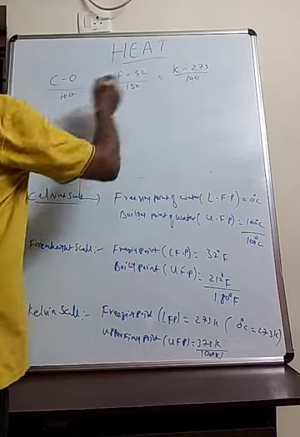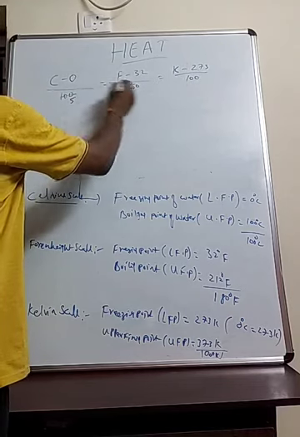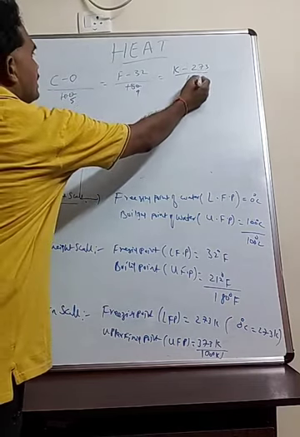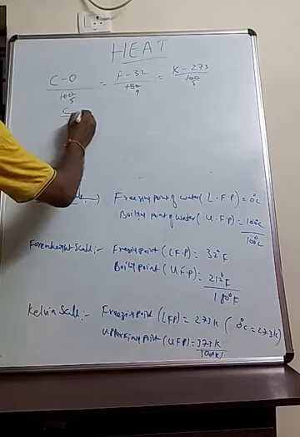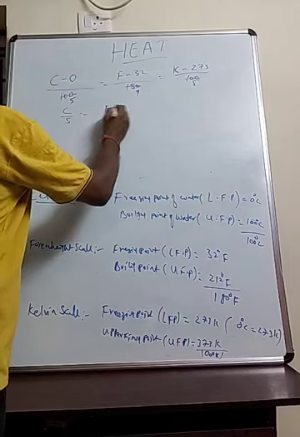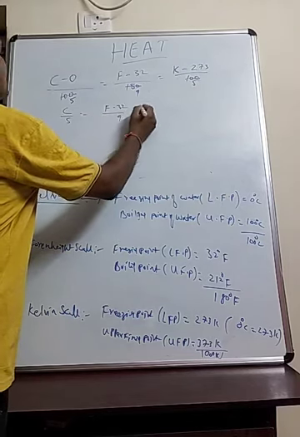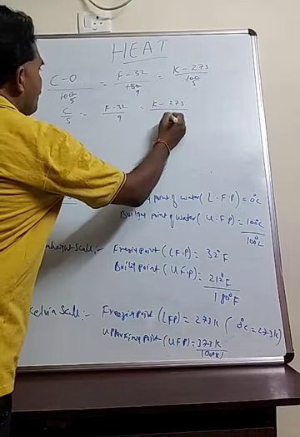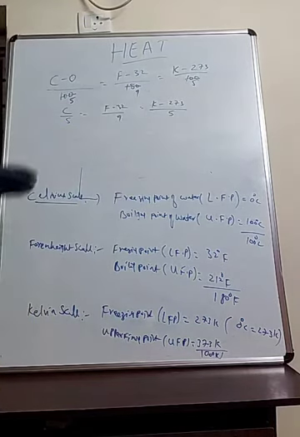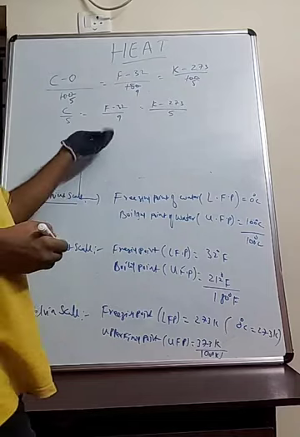The whole thing is divided by 20: 5 twenties, 9 twenties and 5. That is equal to C by 5 is equal to F minus 32 by 9 is equal to K minus 273 by 5.